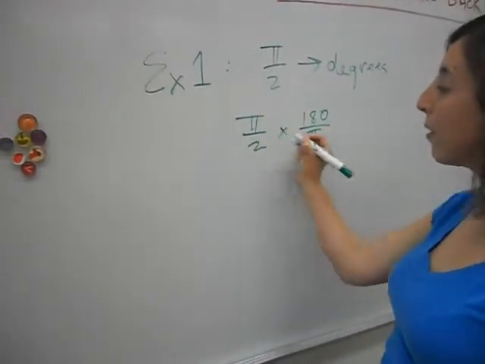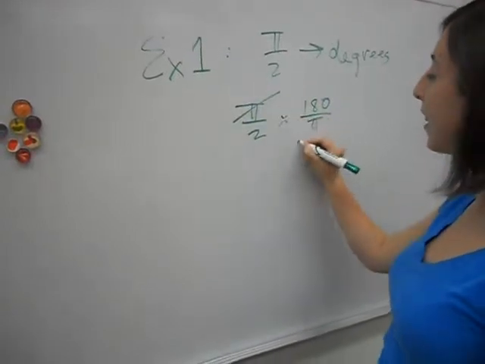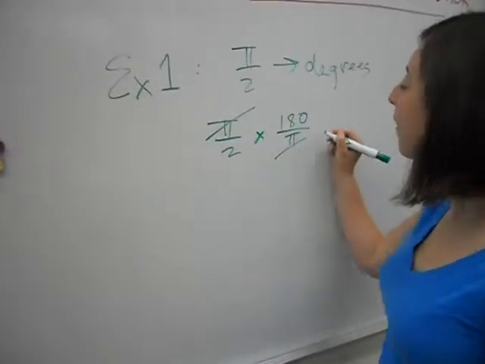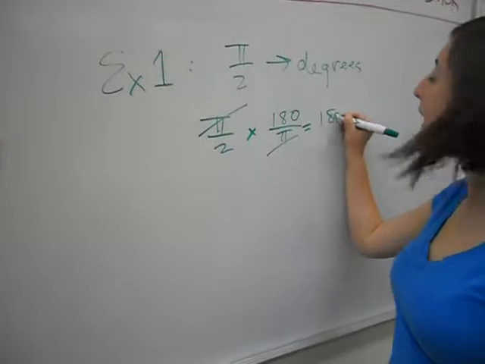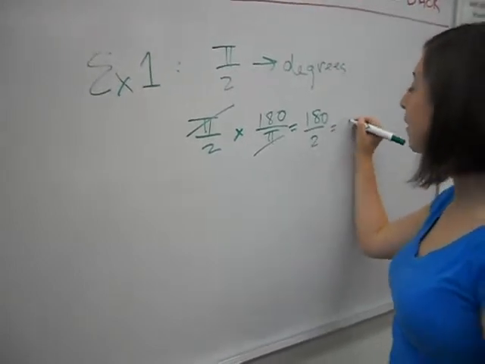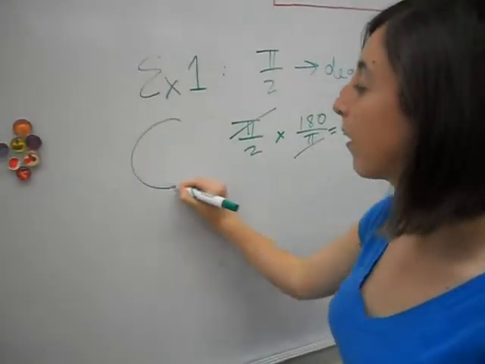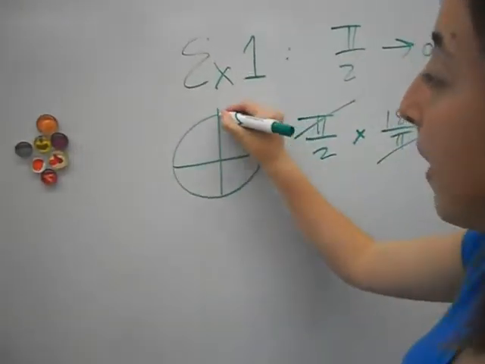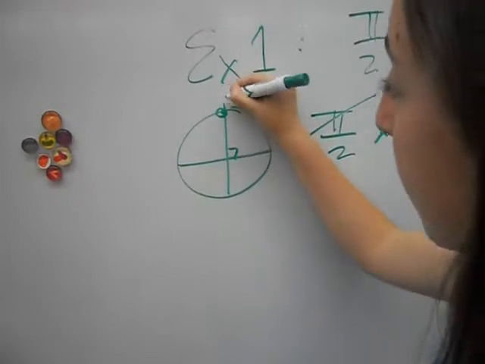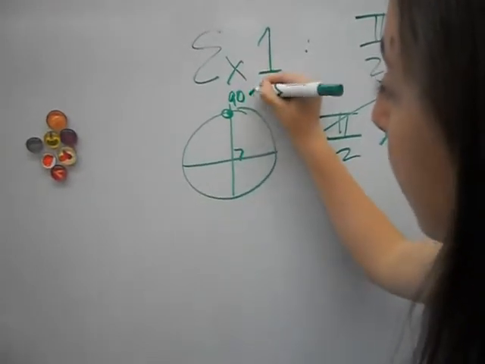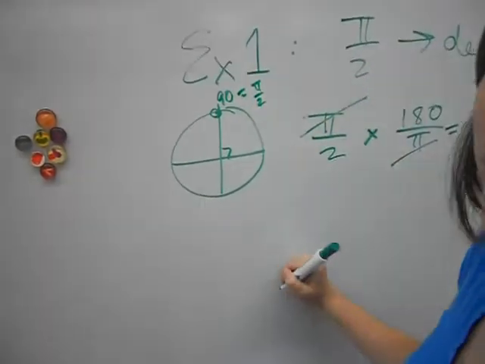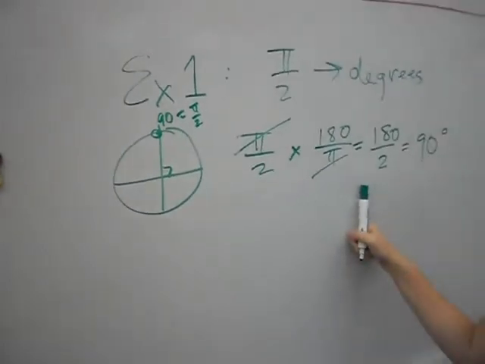Because remember, we want the pi's to cancel out, like this. So then we just have 180 over 2 left, which is equal to 90 degrees. And remember in our unit circle how up here at 90 degrees, because this is a right angle, it was equal to pi over 2? Well, here's the math to prove it.